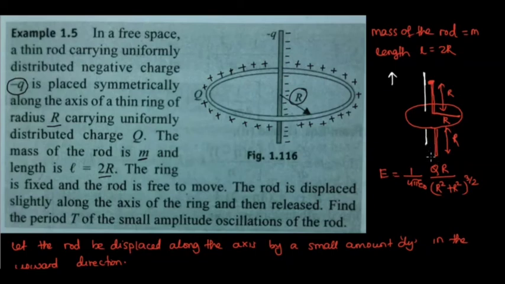So dy amount of length is taken from the lower half and it goes to the upper half. So the net change in length in the two halves will be 2 dy, and since dy is very small as compared to the distance r, we can assume that this portion is also at the same distance r from the center of the ring.